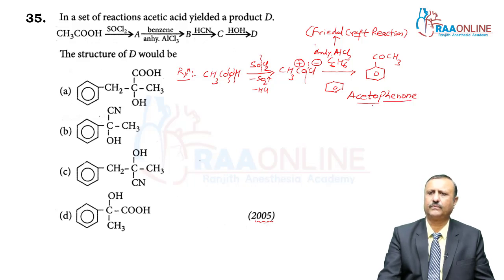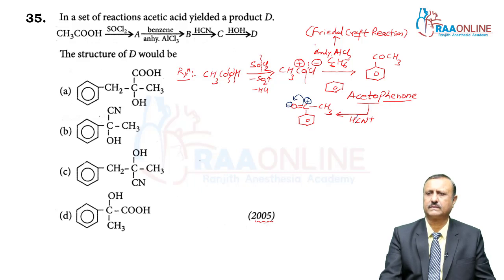Here, when this acetophenone reacts with HCN, what is the addition product? You can see a carbonyl group is present here, and the COCH3 group is present. Oxygen is more electronegative than carbon, so minus and plus charges are present.